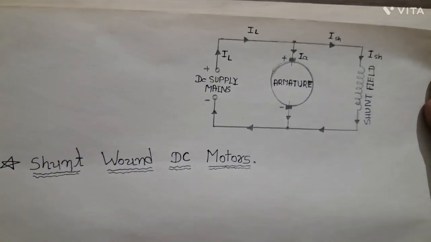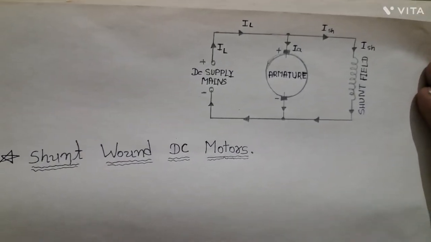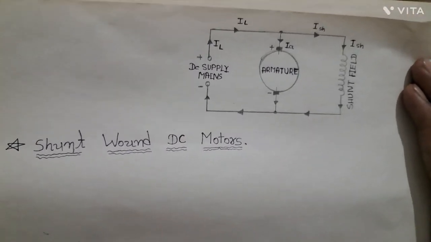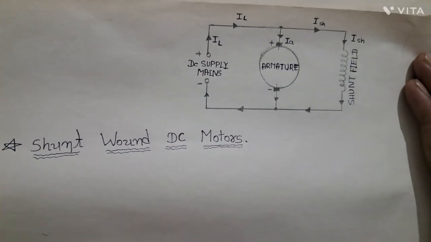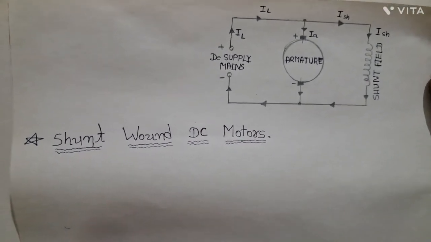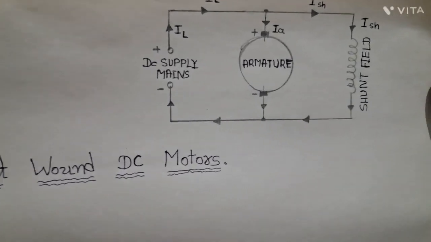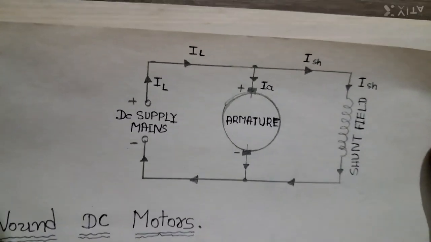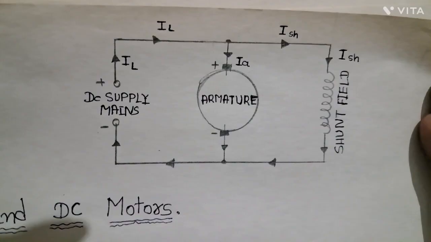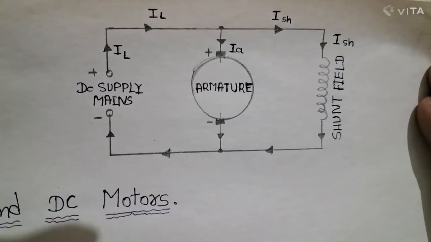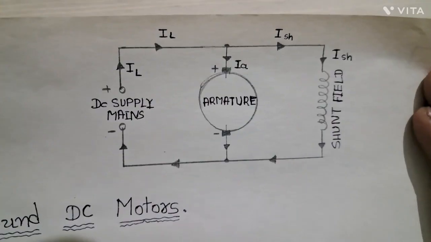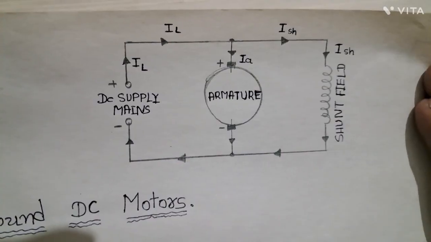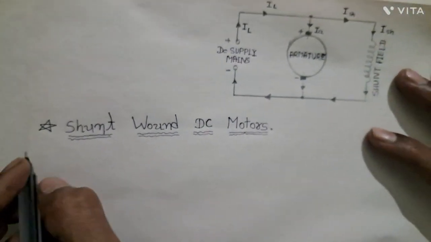These motors are so named because they basically operate with field coils connected in parallel with the armature, and the field winding consists of a large number of turns of comparatively fine wire so as to provide large resistance. The field current is much less than the armature current, sometimes as low as 5%.